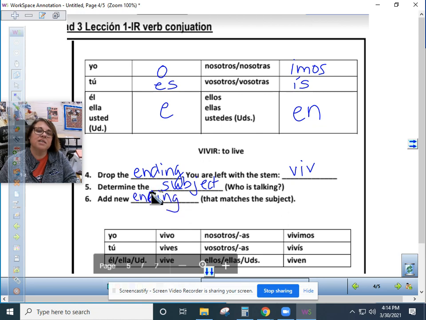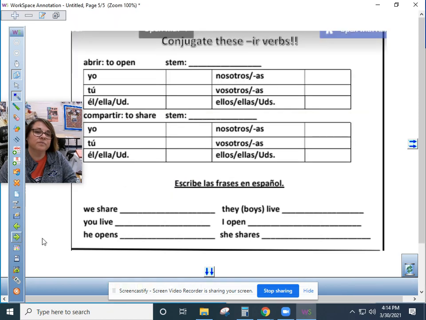So if you look, here's your stem, and then we just added the endings from the chart, right? Vivo, vives, vive, vivimos, vivís, viven. So conjugate these 2 verbs and then come back to me. Pause the video, do them, and then come back.